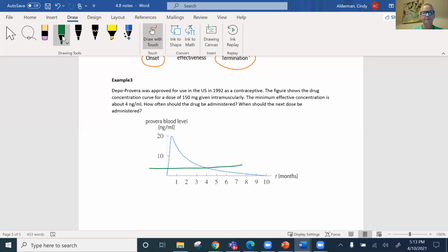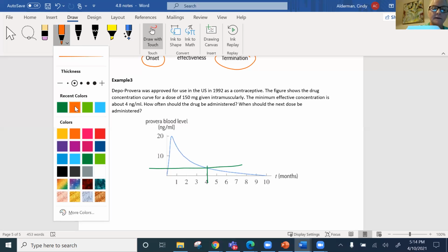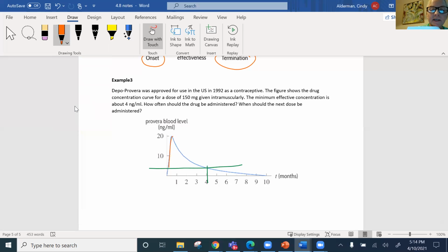There we go. Okay, so what we know then is the drug is effective anywhere above that minimum line, right? Right there. So the duration of effectiveness would be 4 months.